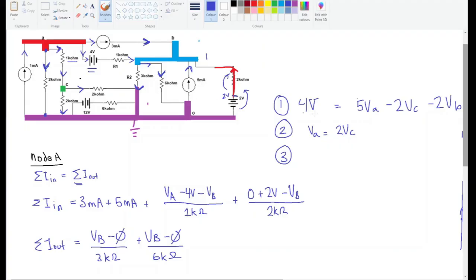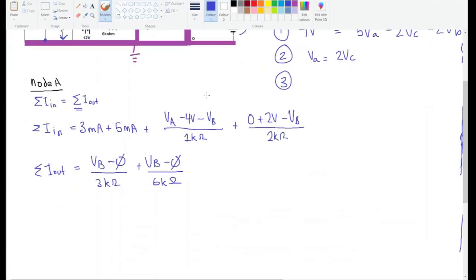Okay. So now we've got to set these two equal to each other, which is a lot of fun. Or I guess we can simplify a little bit first. Let's simplify the out one first, because it's easier. So it's going to be VB over 3 kilo ohms plus VB over 6 kilo ohms. And we can multiply this one by 2, top and bottom, and what we'll get is 2 VB over 6 kilo ohms.